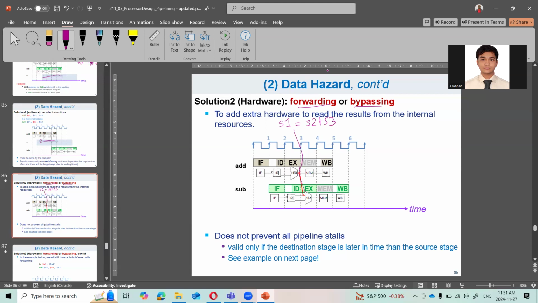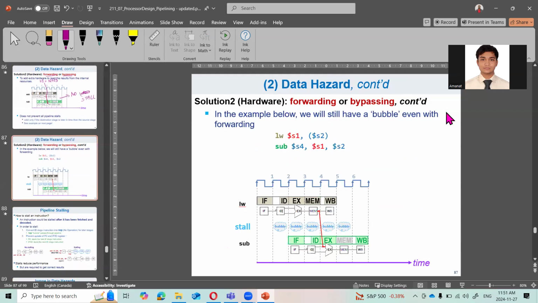So if you just pass in the updated result using forwarding, then you don't have to wait. Okay. So here there's no wait or no stall. We learned the keyword stall: no stalling if we use forwarding.